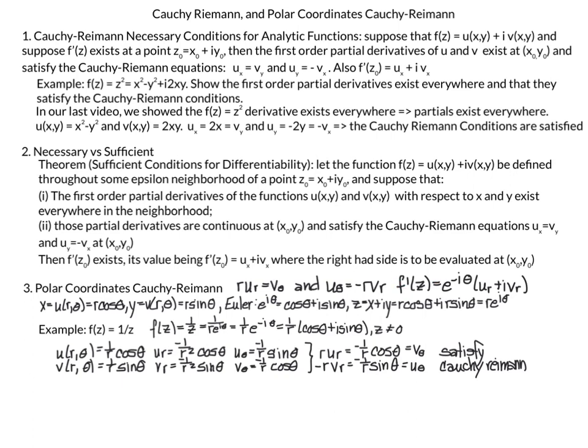And our derivative, f prime of z, will be equal to e to the minus i theta times (u_r plus i v_r). And we will see this example later in this video.